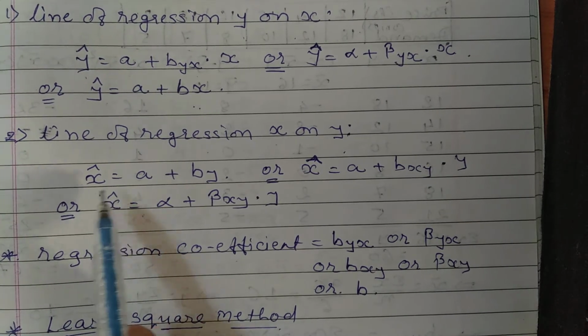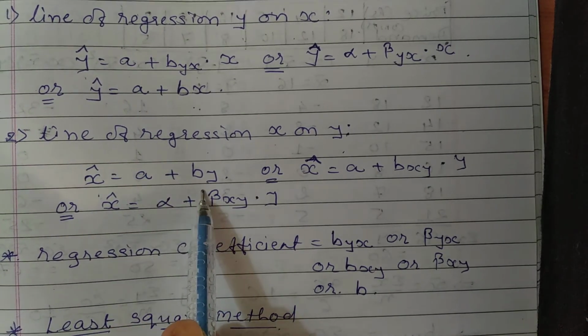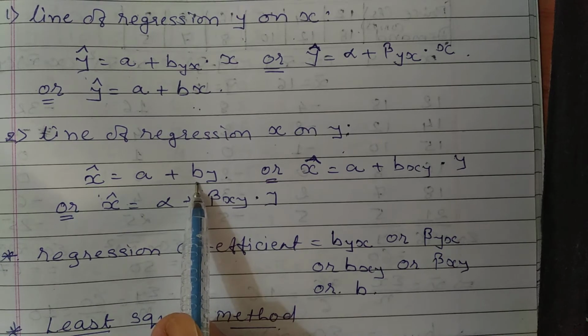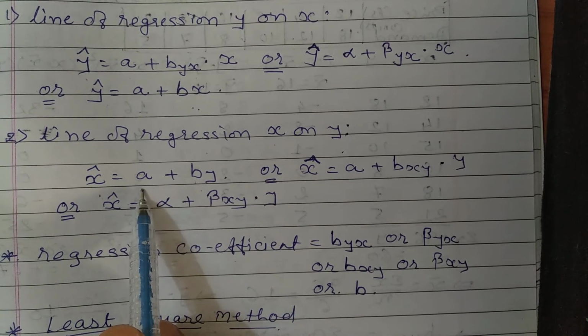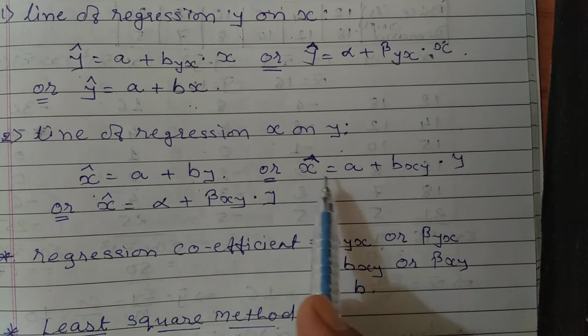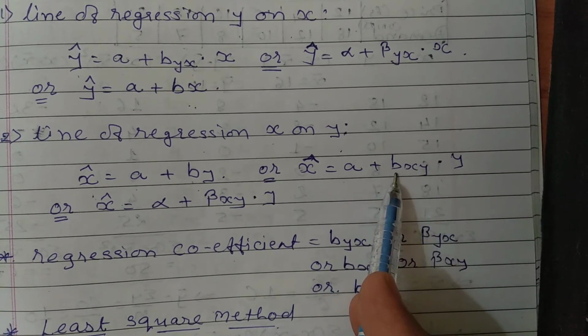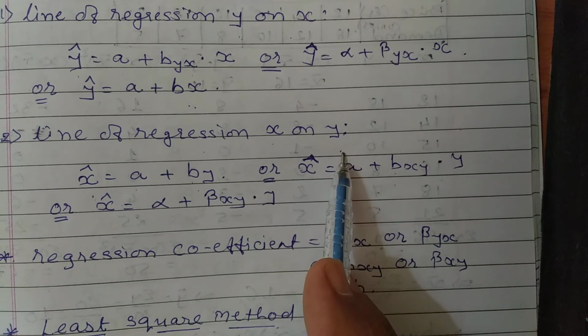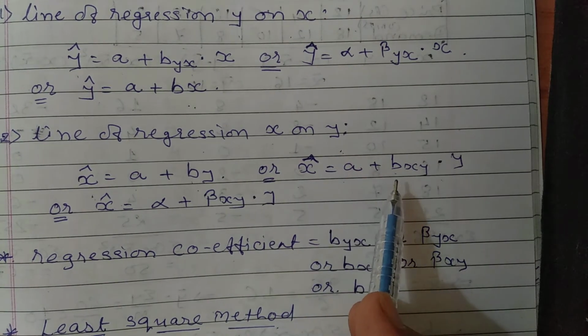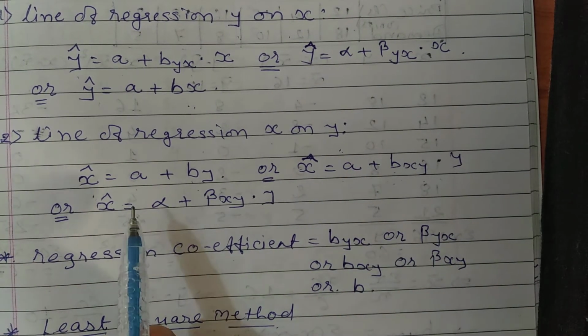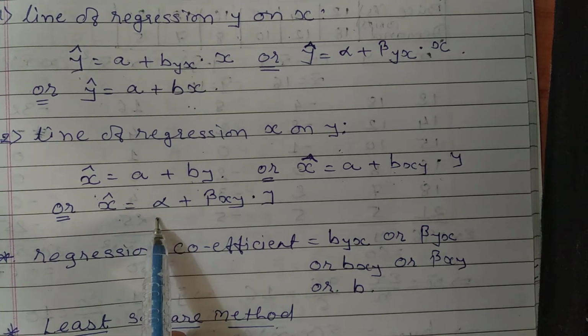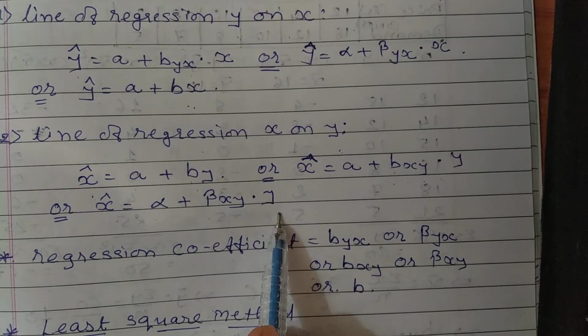That's why x cap is equal to a plus b into y. B is the regression coefficient and a is the constant. X cap is equal to a plus bxy into y. Bxy is what? That is x on y, that's why it has been denoted as bxy. This is x cap is equal to alpha plus beta xy into y.